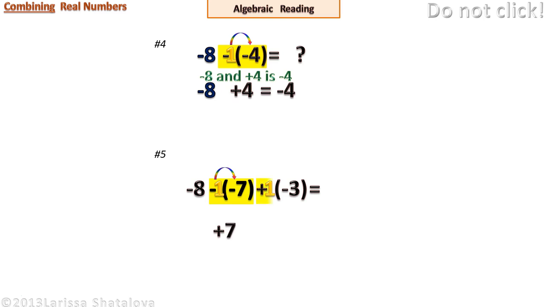Second parenthesis. Positive 1 times negative 3. Positive times negative gives us negative. 1 times 3 is 3. And the first number we have to keep as it is. As a result, now we have negative 8 and positive 7 and negative 3 is negative 4.